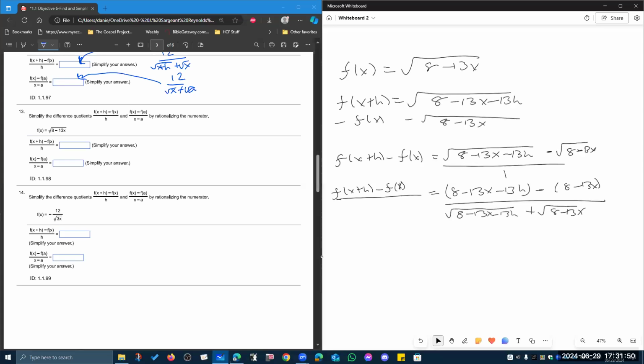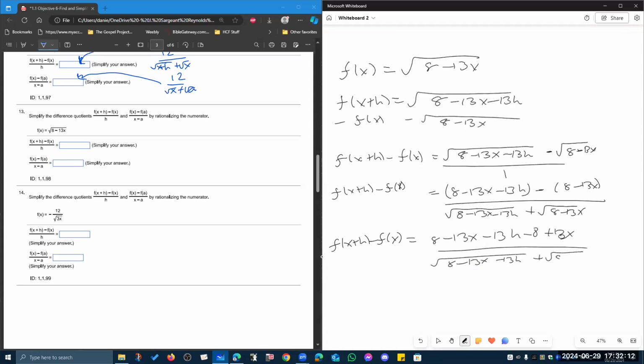And f of x plus h minus f of x is going to be 8 minus 13x minus 13h minus 8 plus 13x over root 8 minus 13x minus 13h plus root 8 minus 13x. 8 minus 8 is 0. Negative 13x plus 13x is 0. Let's divide by h.